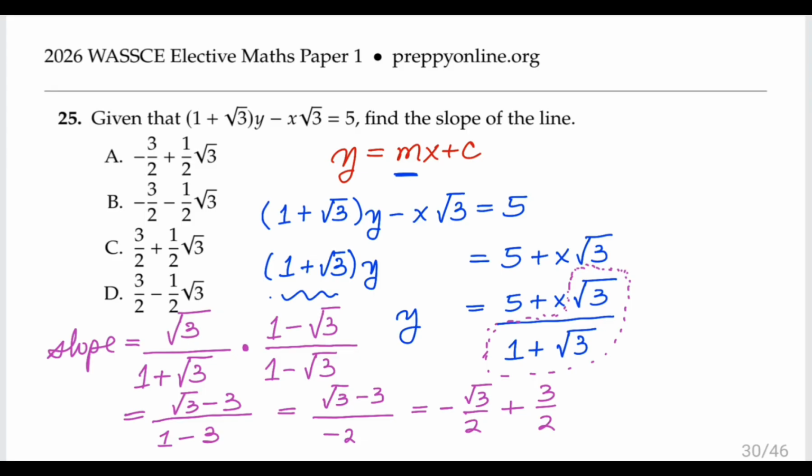So looking at the options, D is looking like what we are looking for. So we just write it again. We put the 3 over 2 first, and then square root of 3 over 2 is the same as half of square root of 3. So if you write it this way, then it's clear that our answer is D.